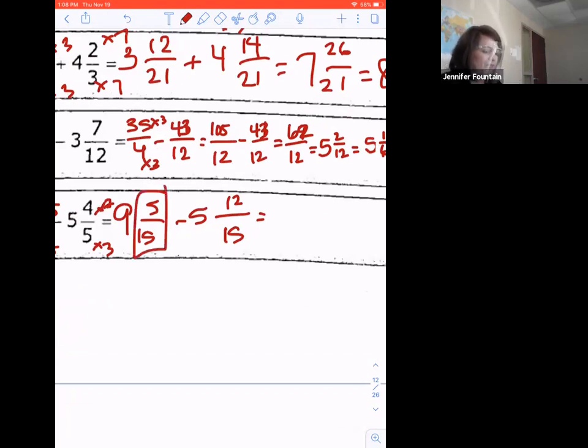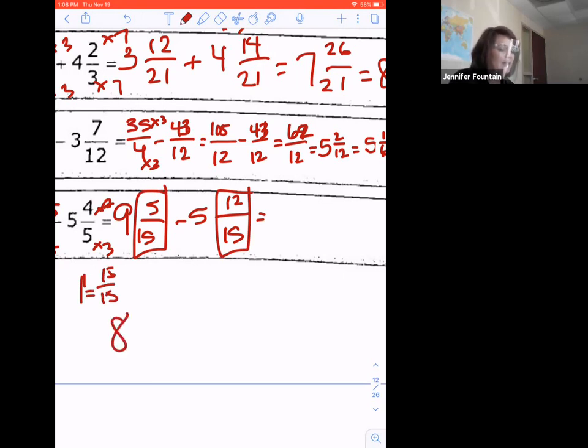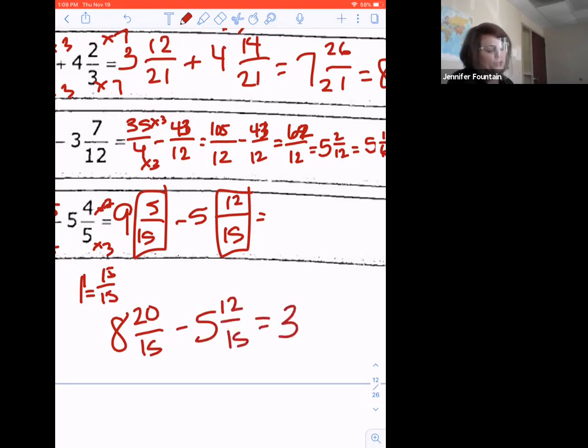So my 5/15 is smaller than 12/15. This is where I have to borrow from my whole number. And remember, one whole is equal to 15 over 15 here. So if I borrow a whole from 9, it becomes 8. Now my 15/15, I'm adding to 5/15, so I've got 20 over 15 minus 5 and 12 over 15. So then I have 8 minus 5 is 3, and 20 minus 12 is 8. So I have 3 8/15.